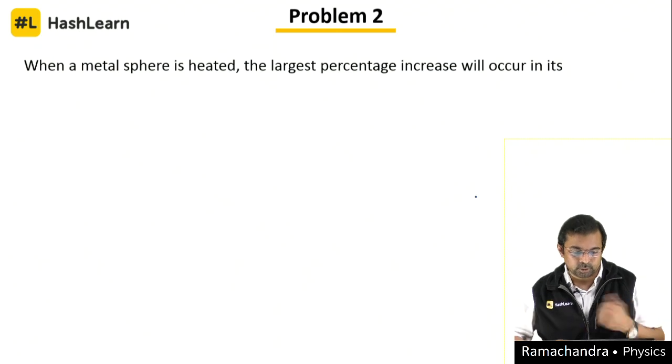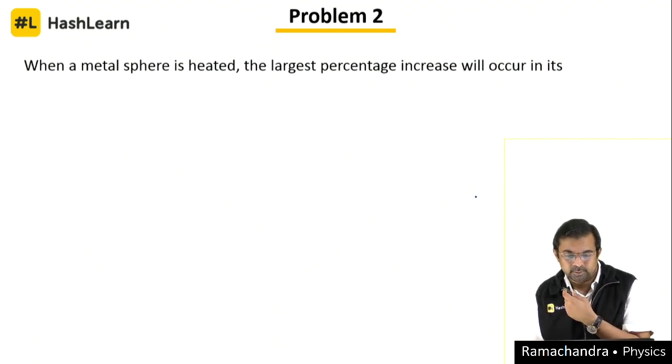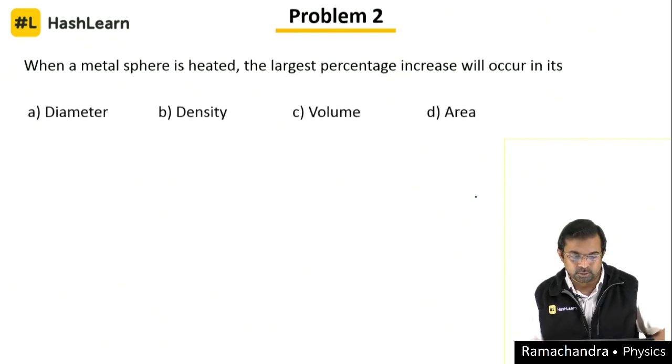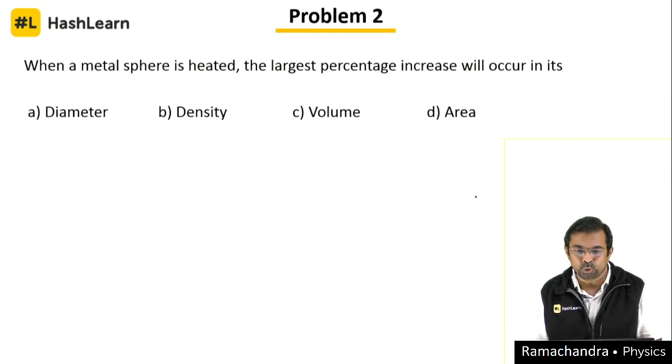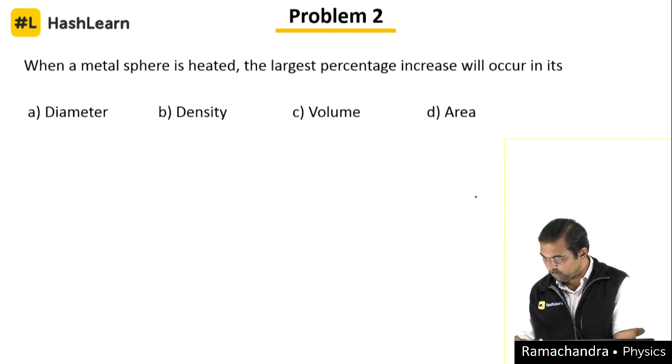The next problem, we will just go to the next one. When a metal sphere is heated, the largest percentage change will occur in its diameter, density, volume or area?